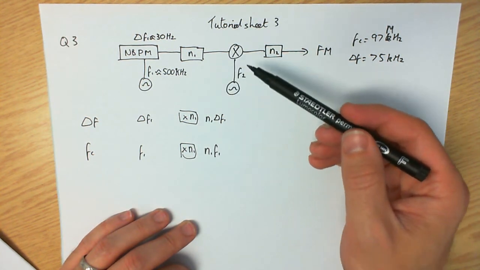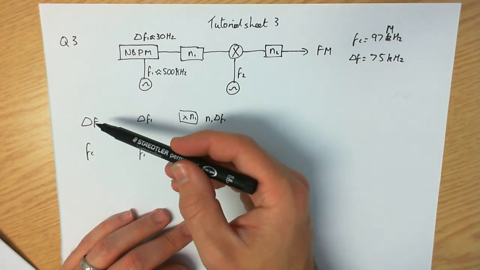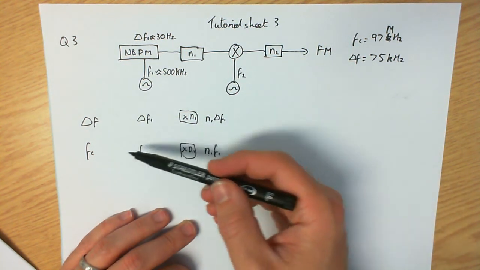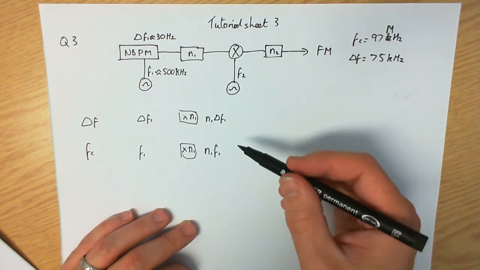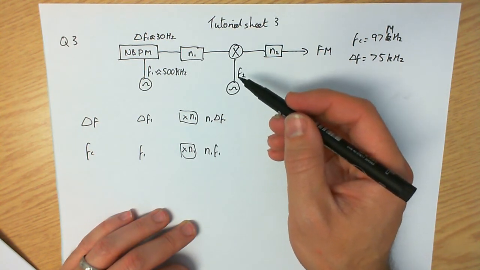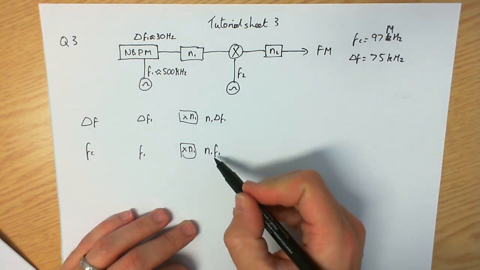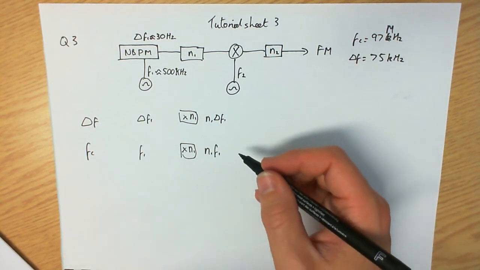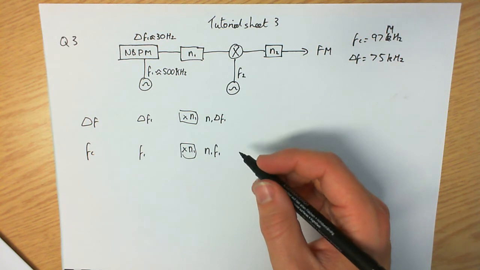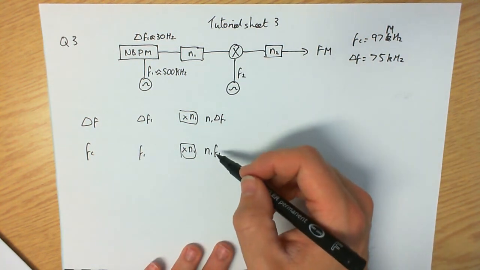And then we go into a mixer stage. The mixer stage doesn't affect the frequency deviation, but it does affect the carrier frequency. We're going to assume that F2 is larger than N1 F1, so that the output of this stage is going to be the difference between this frequency and this frequency.